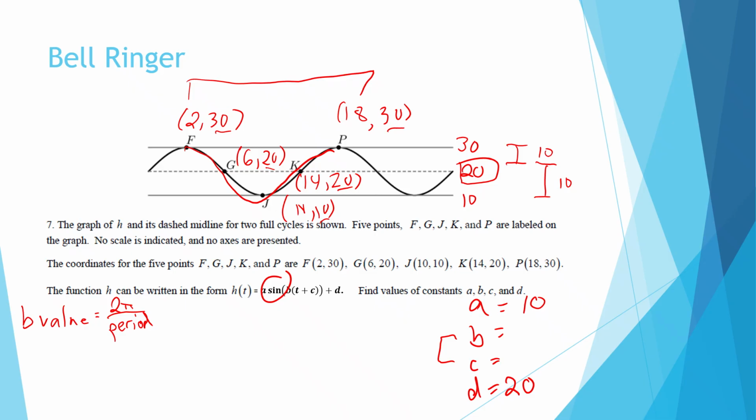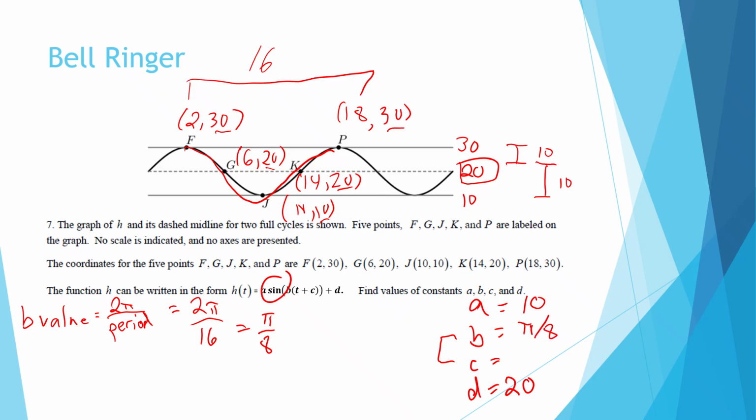So when it starts at 2 and ends at 18, the period is going to be 16 units long, and so that's our period. So our B value should be 2 pi over 16, which will simplify to pi over 8. That is going to be our value for B in this case.